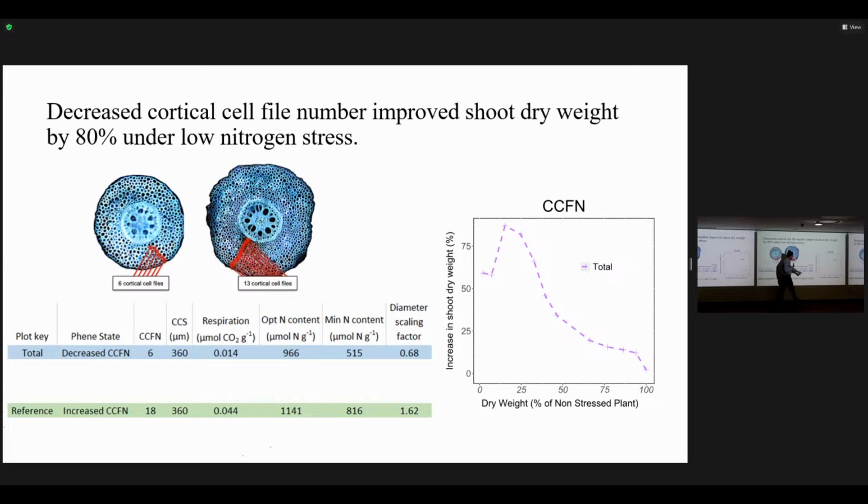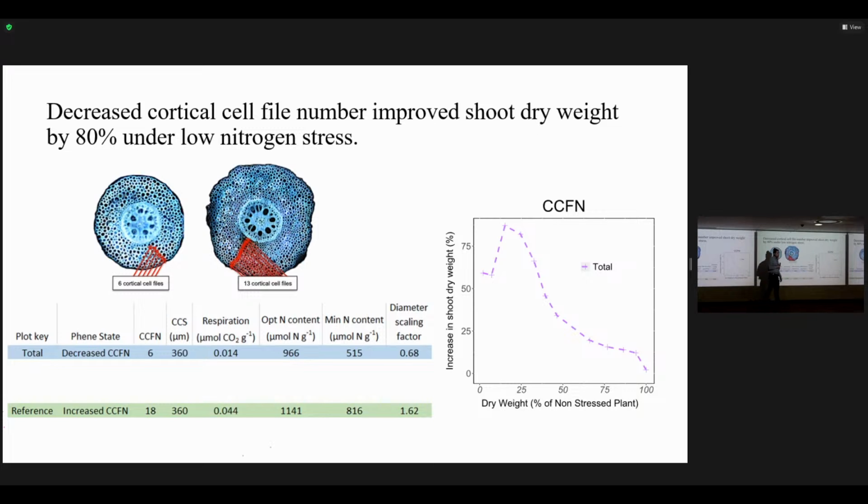Basically, whenever you don't have stress, there is no difference between the reduced or increased cortical cell file number. But once you start increasing the stress, the plant that has a decreased cortical cell file number improves up to 80% of the biomass in the model.